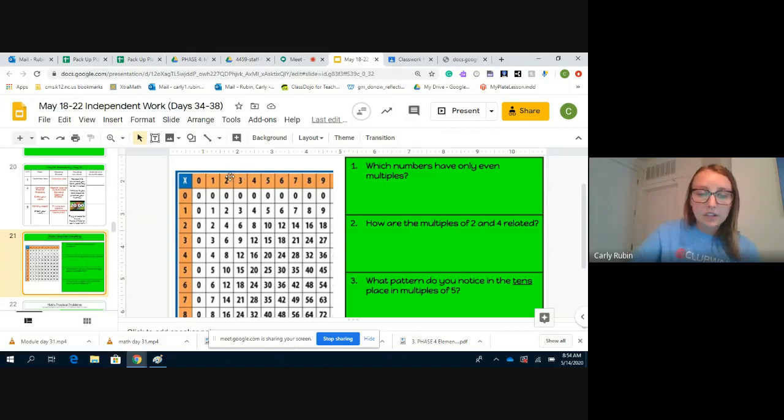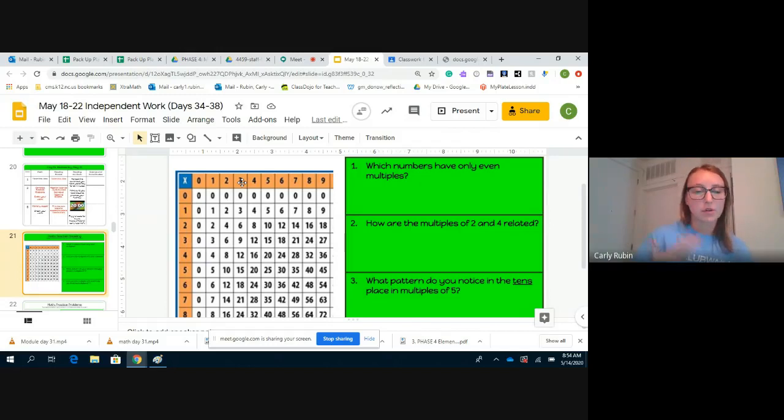And as I move down the chart, I can see the multiples of 2: 2, 4, 6, 8, 10. Well, 2 is an even number, so it's going to have even multiples. Moving on to 3.